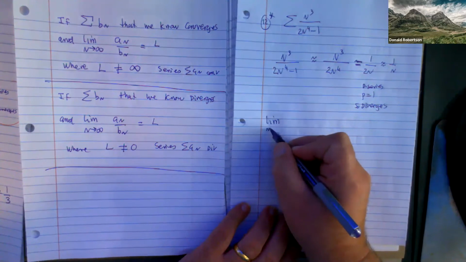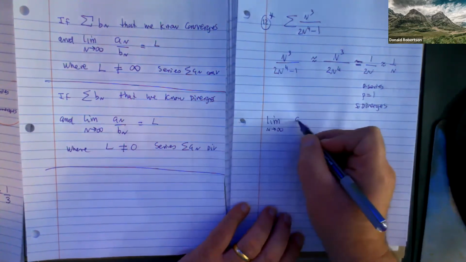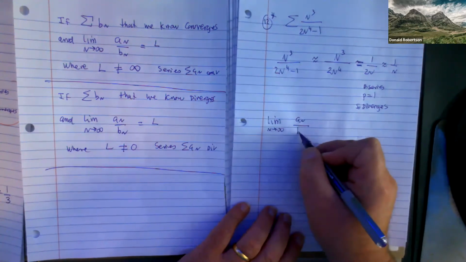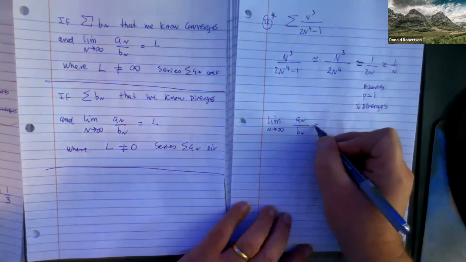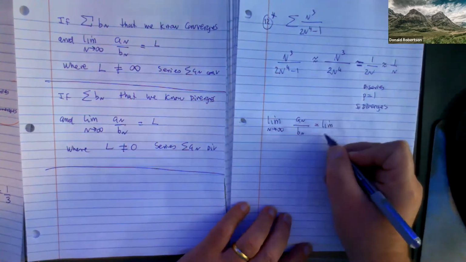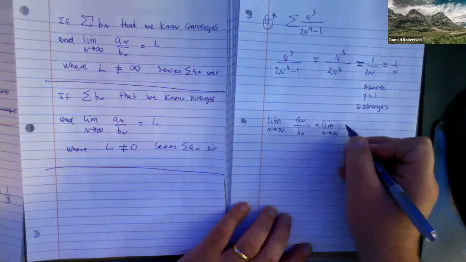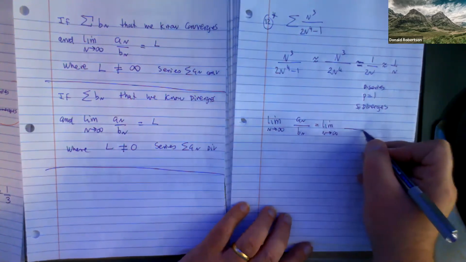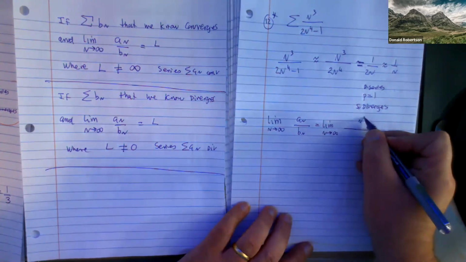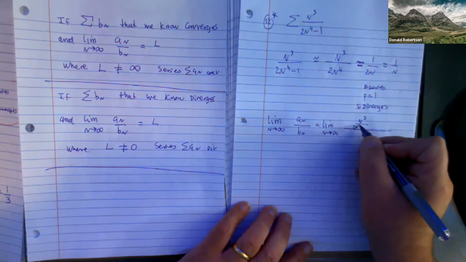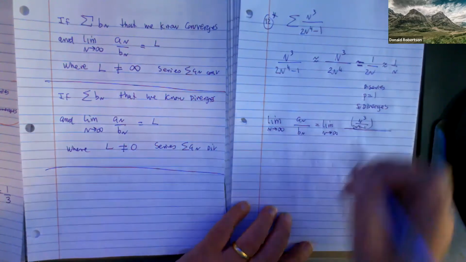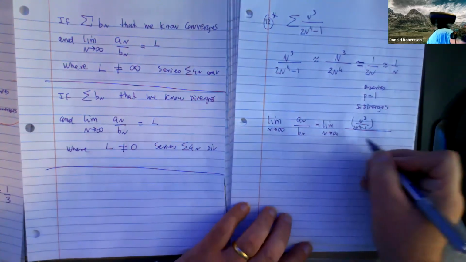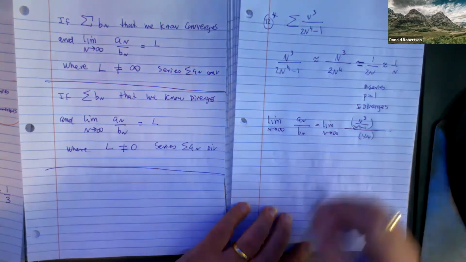Let's continue with the proof then. The limit as n tends to infinity of the original divided by the comparison. It's the limit as n tends to infinity of n cubed over that guy divided by that guy.